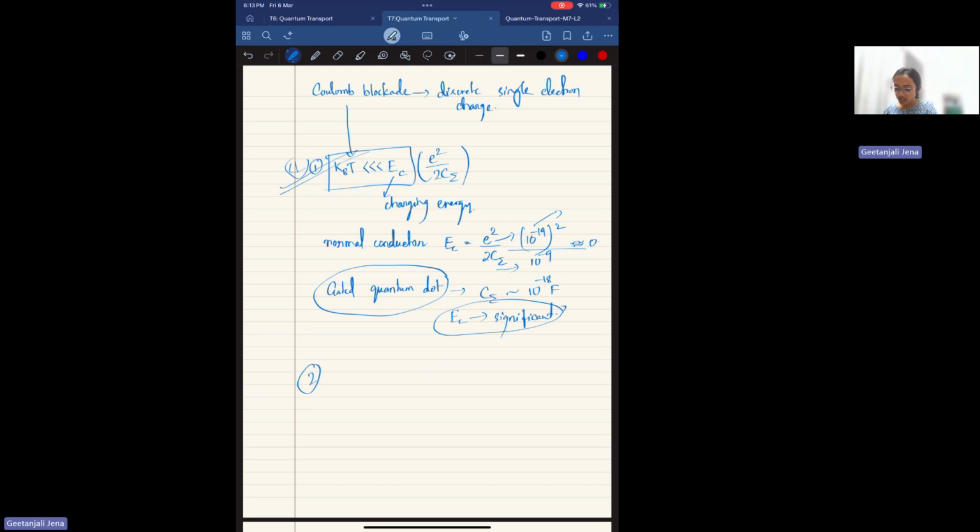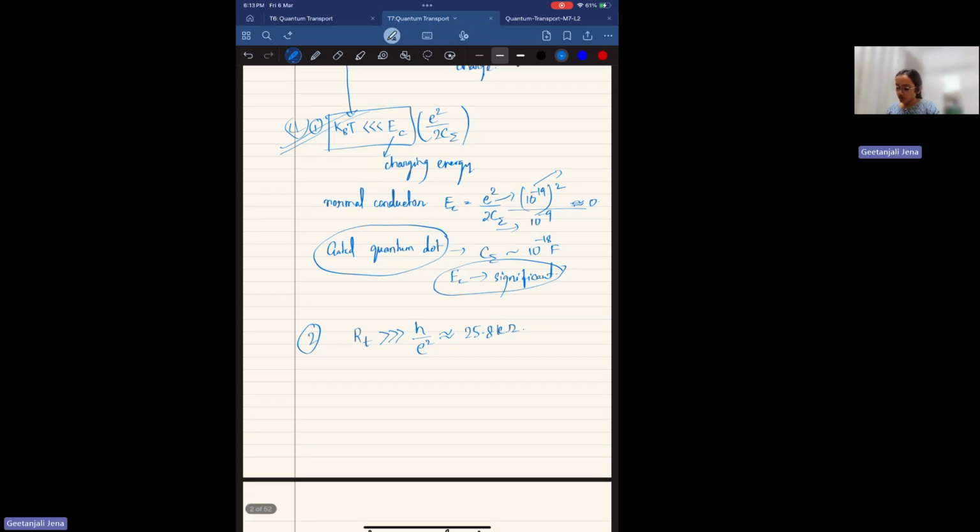So how large is the tunnel resistance? This tunnel resistance should be much greater than the quantum resistance, which is h by e square, in the order of 25.8 kilo ohm. This is the tunnel resistance of each barrier.